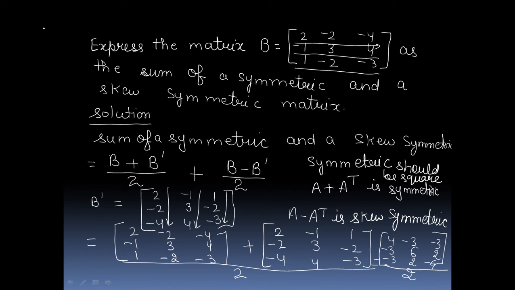Next step is B minus B's transpose divided by 2.